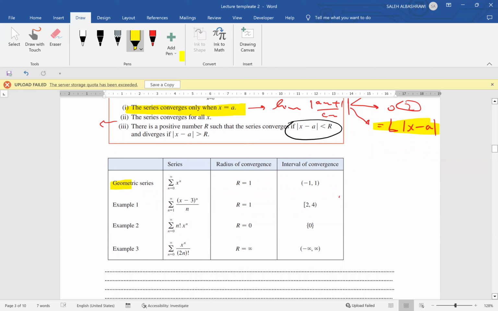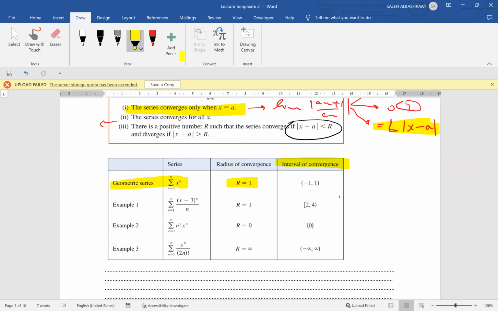the geometric series, which is the sum of x to the n, will converge if r is equal to 1. And this can be checked by the ratio test. We can find the interval of convergence, which will be between -1 and 1. The power series (x minus 3) to the power n divided by n is the one that we checked.